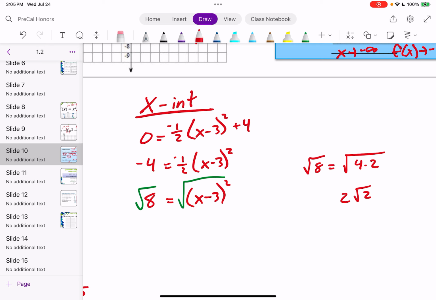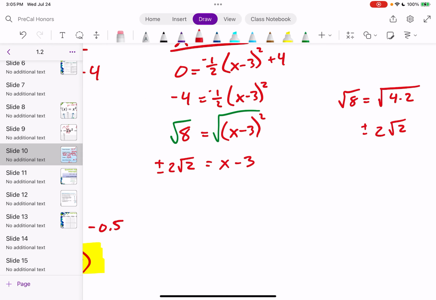Now, remember, when we bring that number to the outside, this turns into a positive or negative square root. So we have positive or negative 2 square root of 2 is equal to x minus 3. We go ahead and add 3 to both sides.